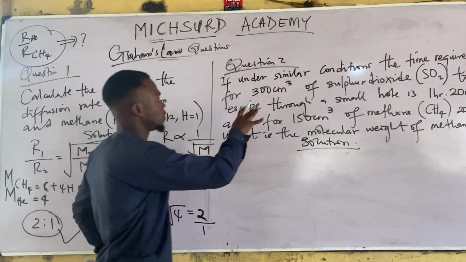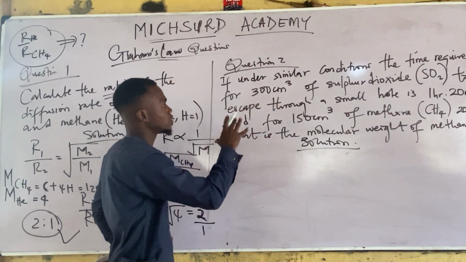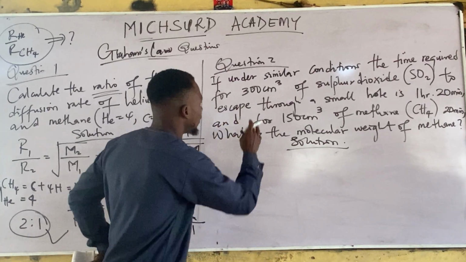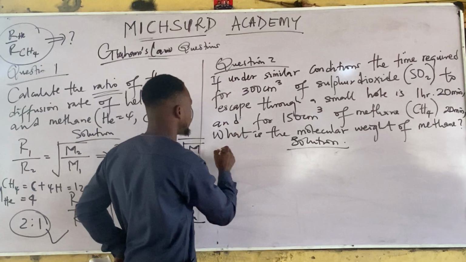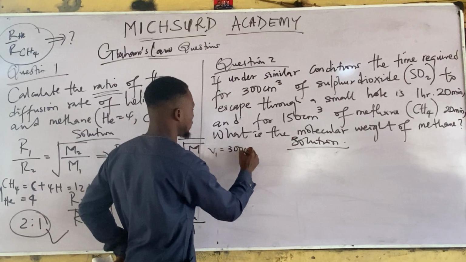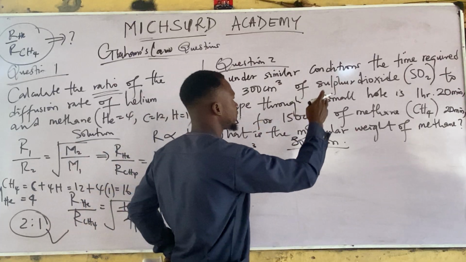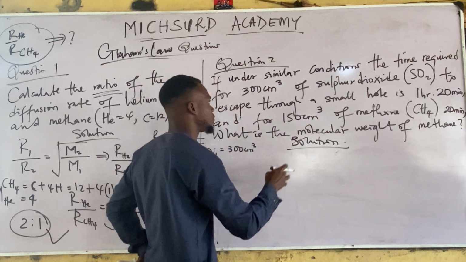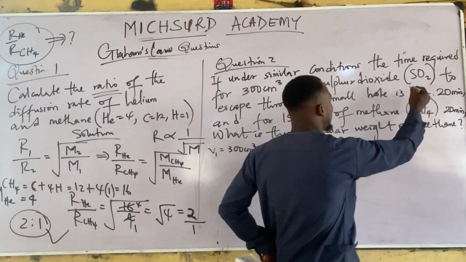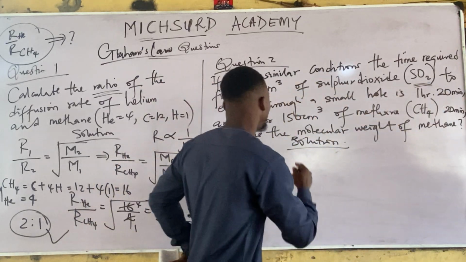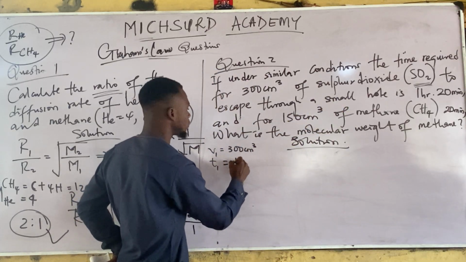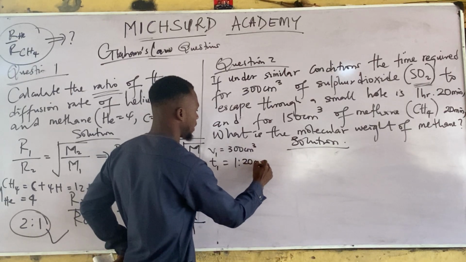Now let's solve another question. Question 2 says that under similar conditions, the time required for this volume, V1, is 300 centimeter cube of sulfur dioxide, SO2, to escape through a small hole is 1 hour 20 minutes.